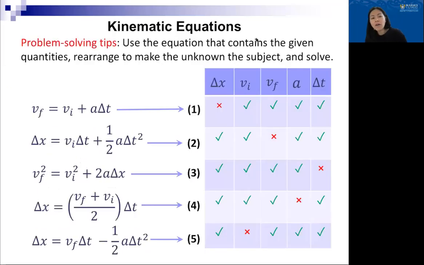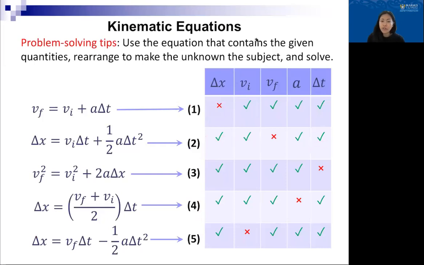All right, so how do we use these equations to solve problems? It's really just pick and choose. For each of the equations, they contain 4 of the 5 variables. For example, the first equation contains VI, VF, A, and delta T, and it does not give any information about delta X, and so on. The other equations also only contain 4 of the 5 variables.